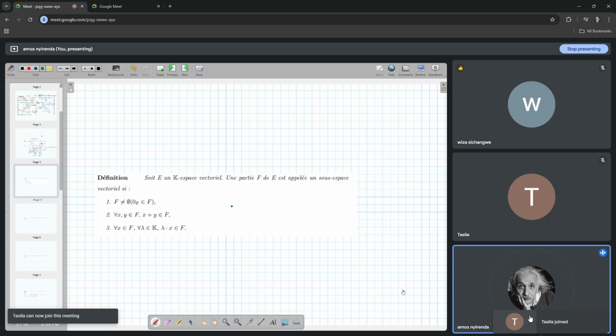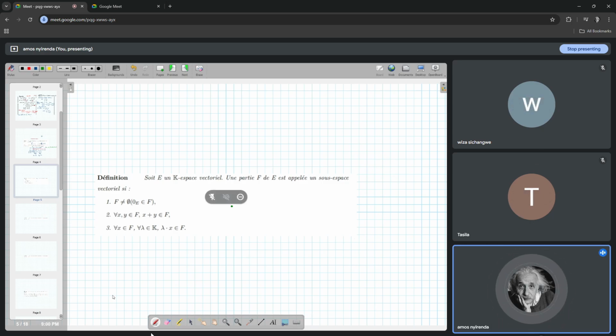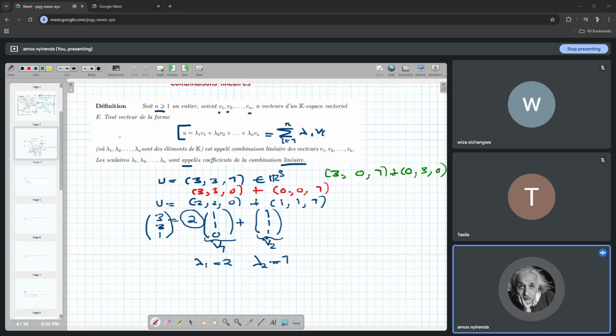Right. So maybe before I move to something else, let me go back to this slide here, and let's look at what happens when n is equal to 1.